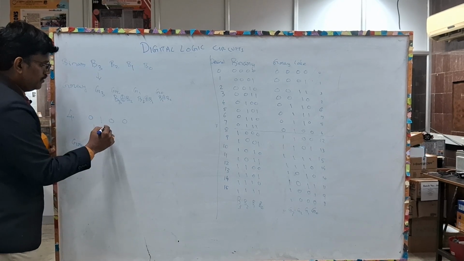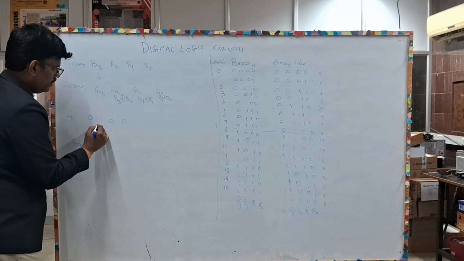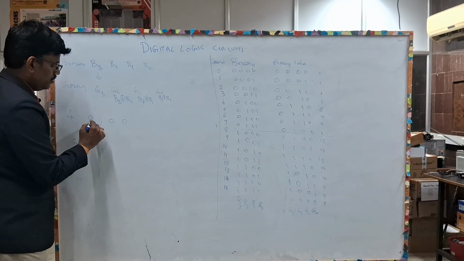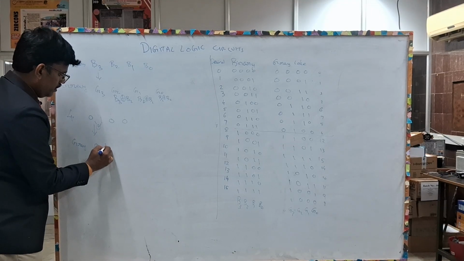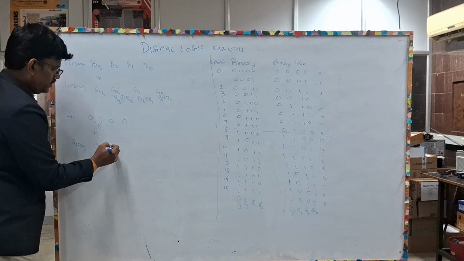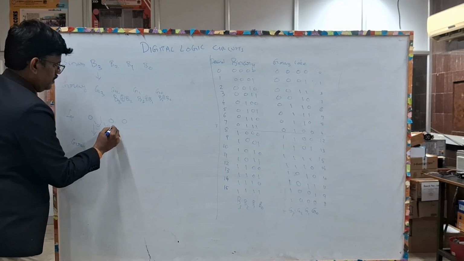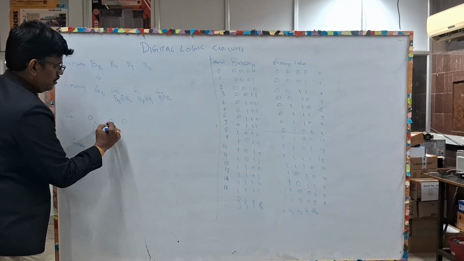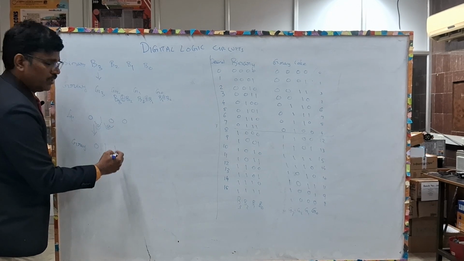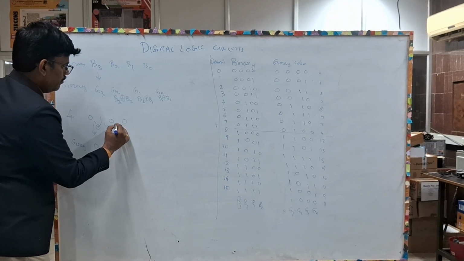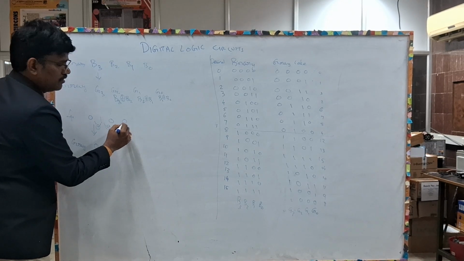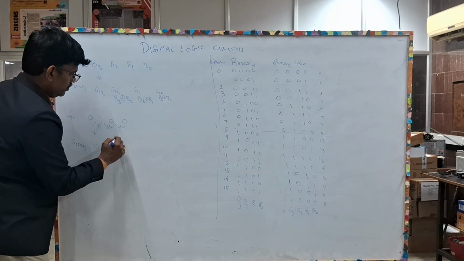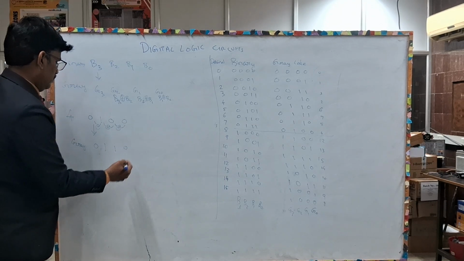Then the next bit is the XOR operation between these two, so 0 XOR 1 is 1. The next bit is 1 XOR 0, which is 1. The next value is 0 XOR 0, which is 0.